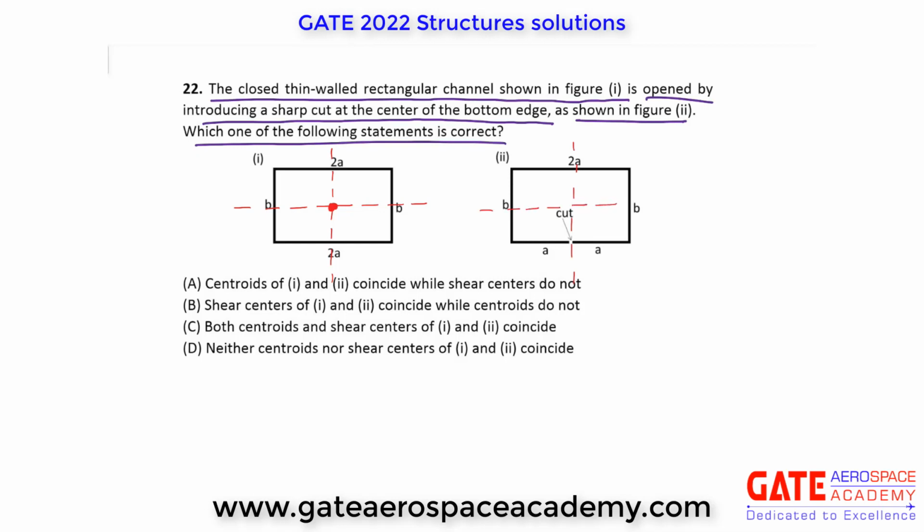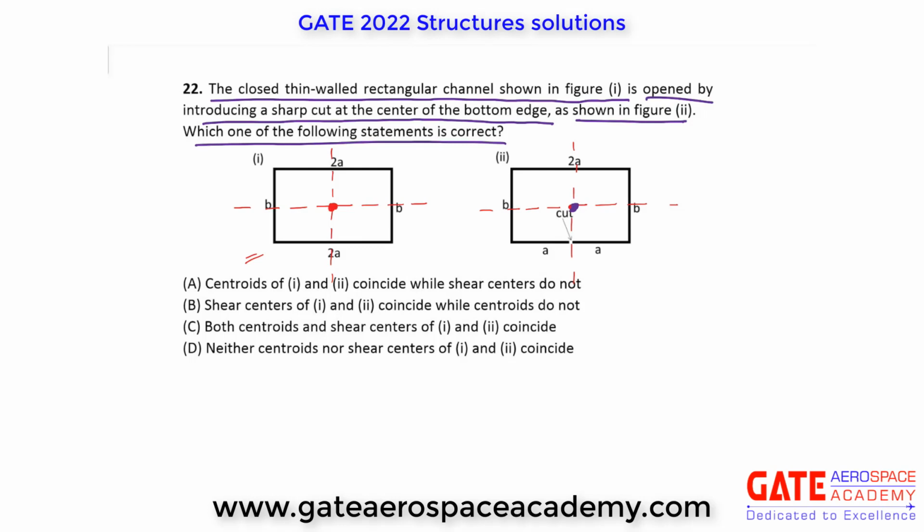It is a sharp cut. So centroid will lie at same position here, correct? But because there is cut, now it is open section, and due to this, its shear flow distribution will be different than this closed section. It means that its shear center is not going to lie at this position, at centroid. So its centroid and shear center will be at different points.